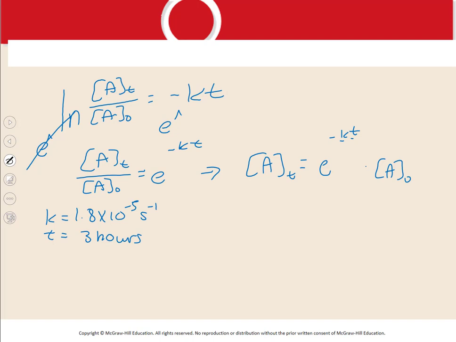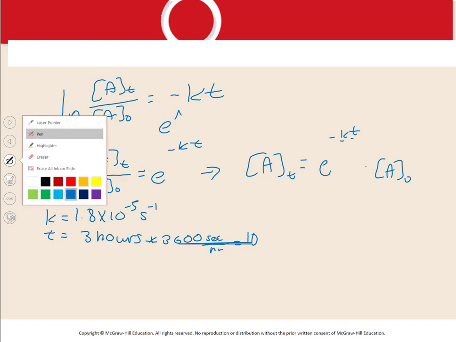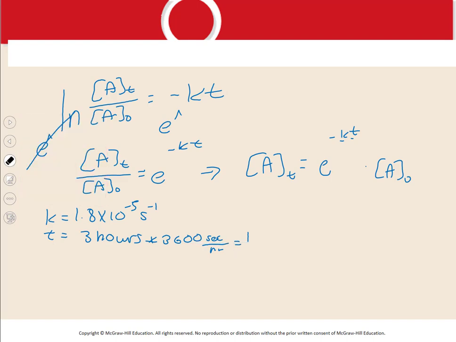Multiply by 60 times 60, or 60 squared. 3,600 seconds per hour. So that's however many seconds that is. 10,800. Sounds right.